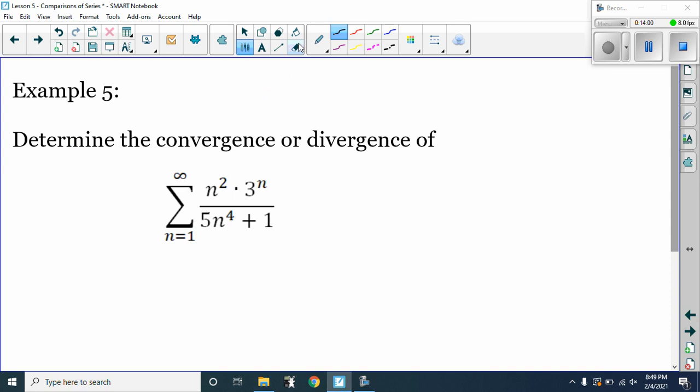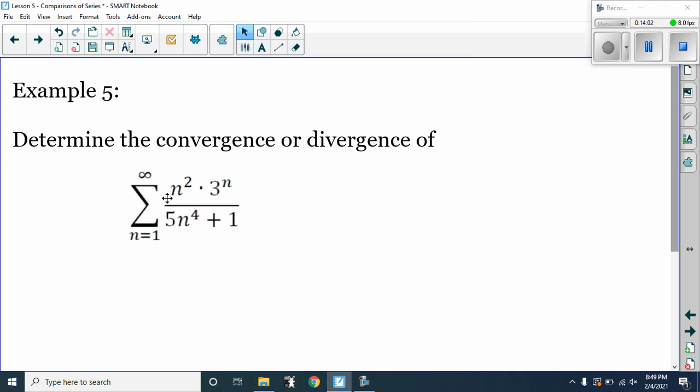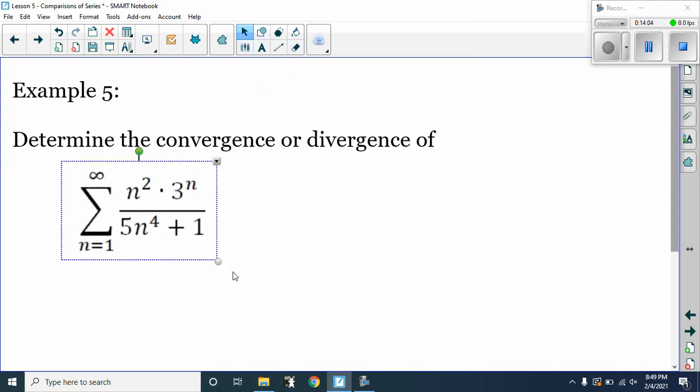One more here. We've got the sum as n starts at 1 and goes to infinity of n squared times 3 to the n over 5n to the 4th plus 1.